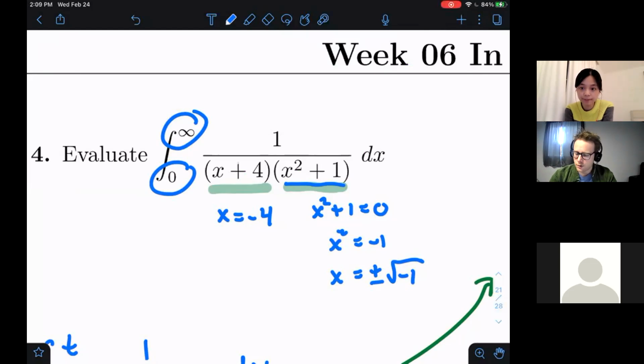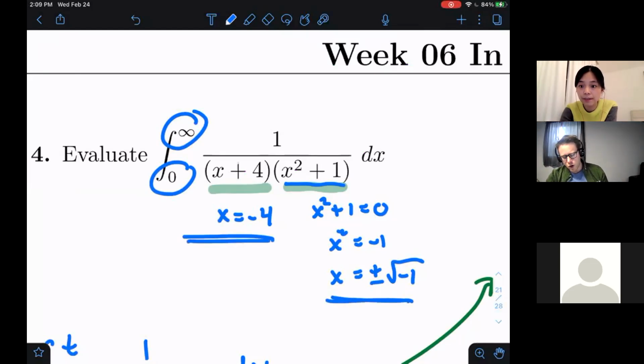Remember, these improper integrals come up anytime you either go to infinity or negative infinity, or if you have a discontinuity. We checked right at the very beginning: we have a discontinuity at -4, and there are no real values that would make this equal to 0. So our only discontinuity is at -4, and luckily our interval doesn't include that. And so we don't have to be careful around 0.